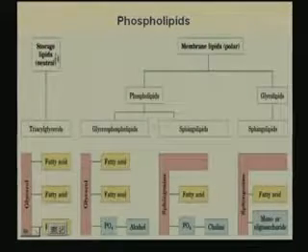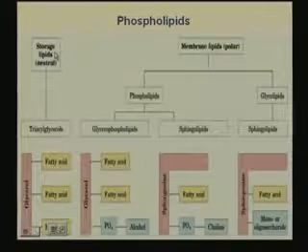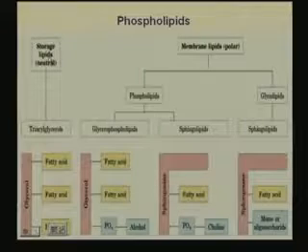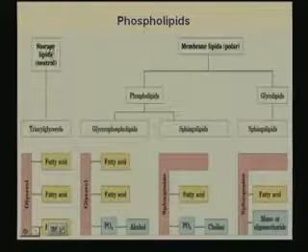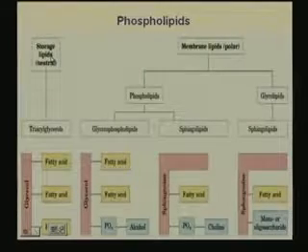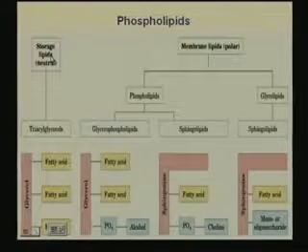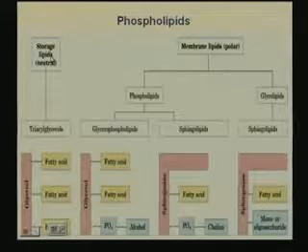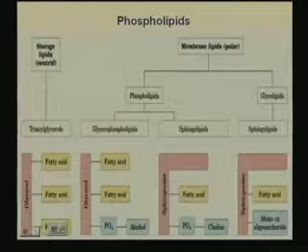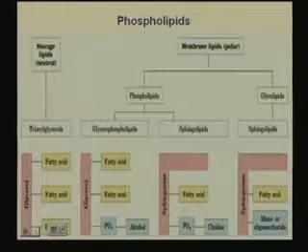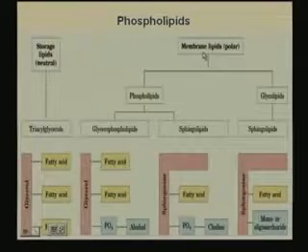Okay. What are the fat droplets? They are triacyl glycerols. Okay. So, what we need to know is the storage lipids which are neutral in nature have 3 fatty acids attached to the glycerol. Okay. We have membrane lipids.